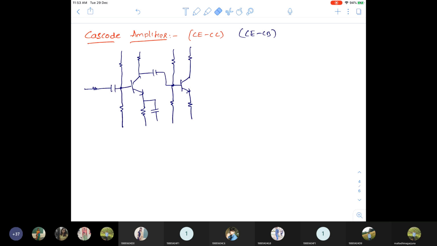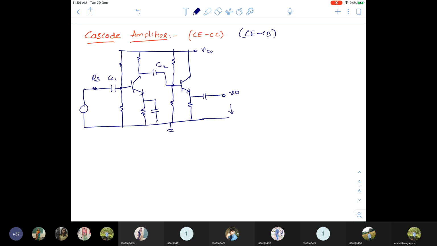Okay, this is the circuit of CE with CC.